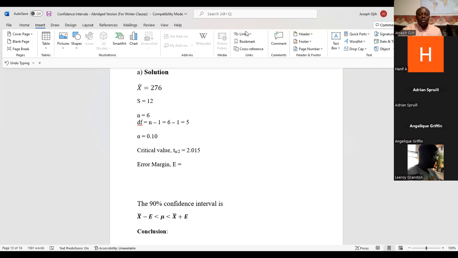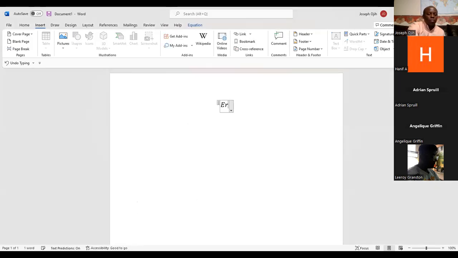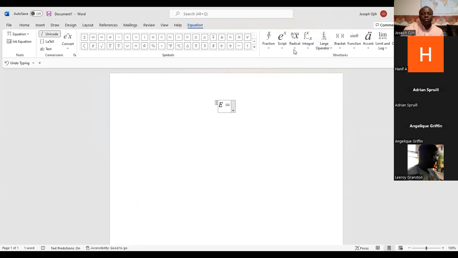We have this right here. The error margin E equals the formula: T alpha over 2 times the sample standard deviation over the square root of n.